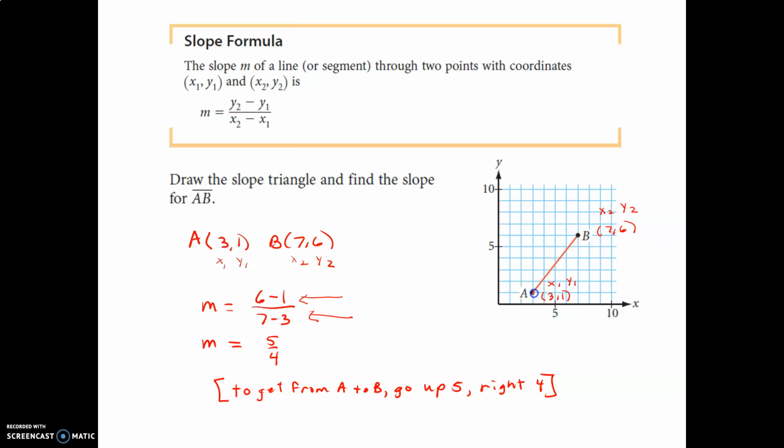If I start on the left and I want to go to a point on the right, I would have to go up 5, 1, 2, 3, 4, 5, and then over a positive 4, 1, 2, 3, 4, and I would be back on the line.